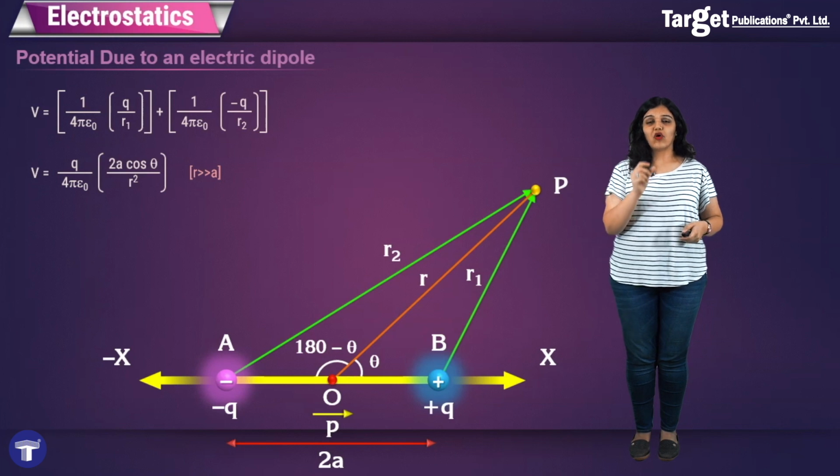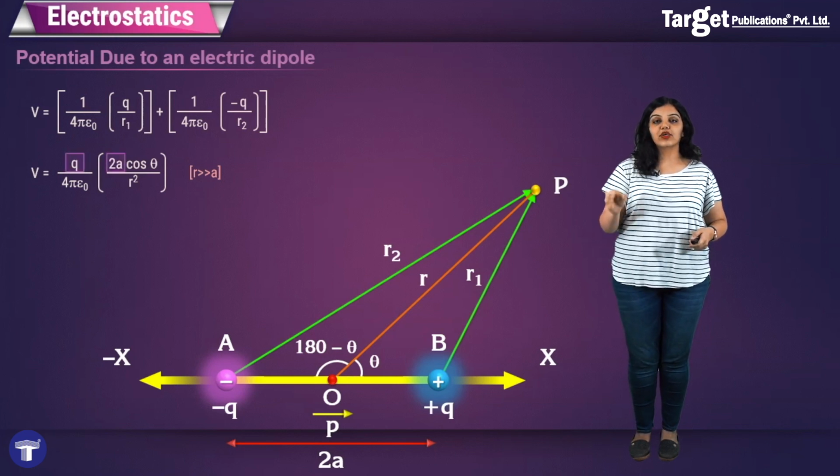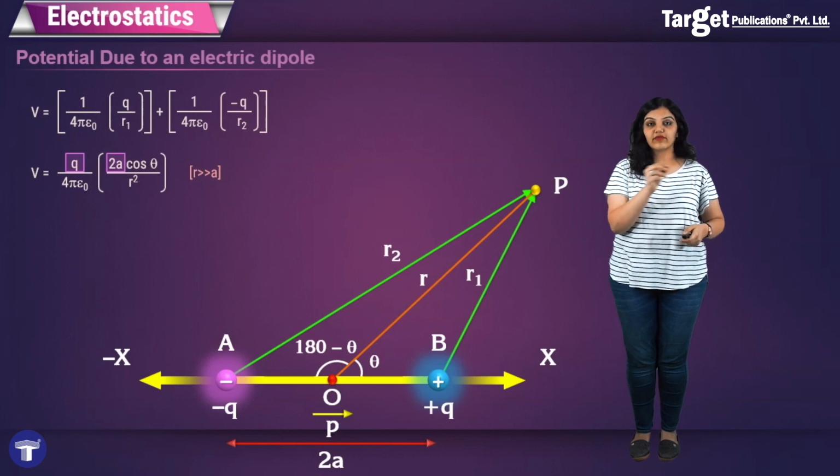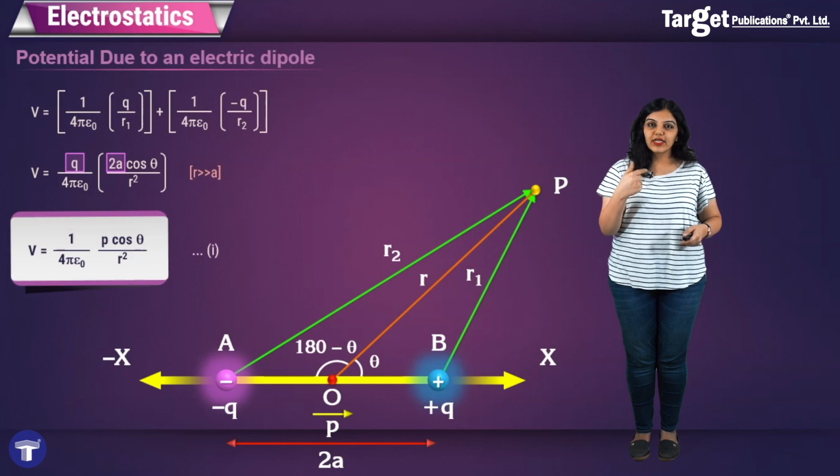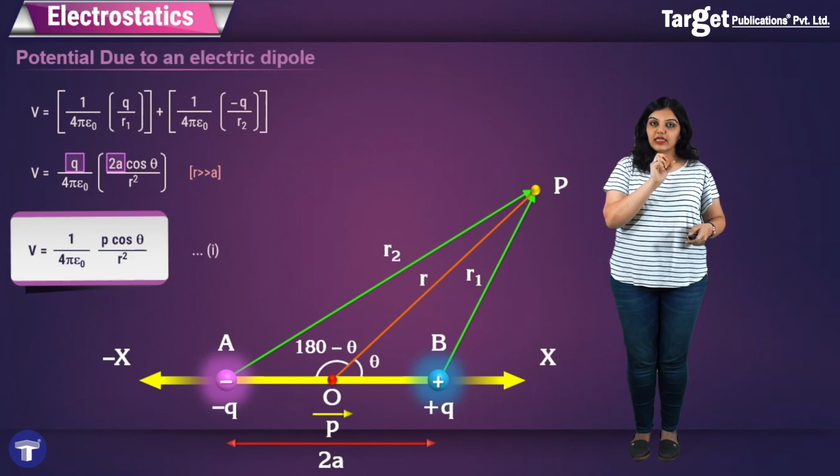And we know the definition of the magnitude of the dipole. We know that p is 2aq, that is the distance into the magnitude of the charge on any one of the charges. So we can replace 2aq by p, because by definition the magnitude of the dipole moment is the distance between the two charges multiplied by the charge on any one of them.